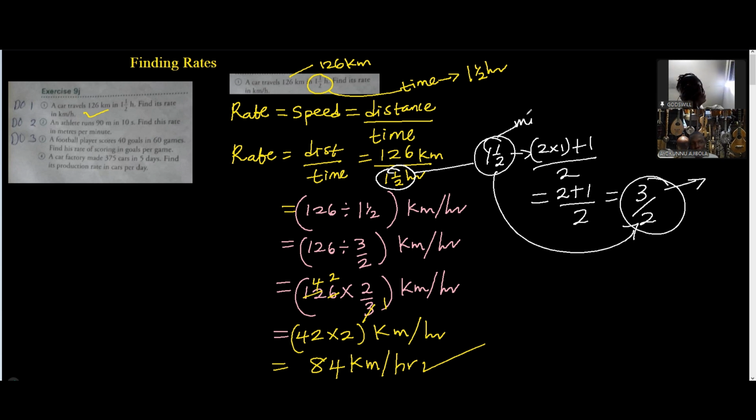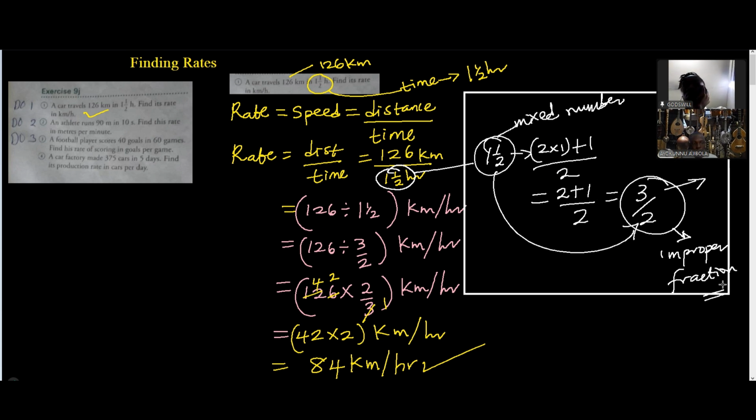This is a mixed number. Then I changed it to an improper fraction. So did you understand every one of the remaining steps? But when you are writing for your teacher, you don't need to write all of this.